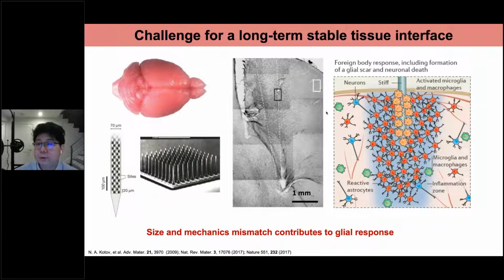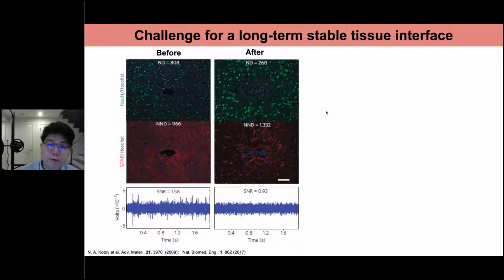Here is a picture of a brain tissue before and after long-term implantation. In the middle, the cavity is the implantation site, and the green color labels the neurons. You can see that over the time course of the implantation, there was degradation of the neurons at the implantation site, which forms a so-called neuron killing zone of 50 to 200 micrometers.